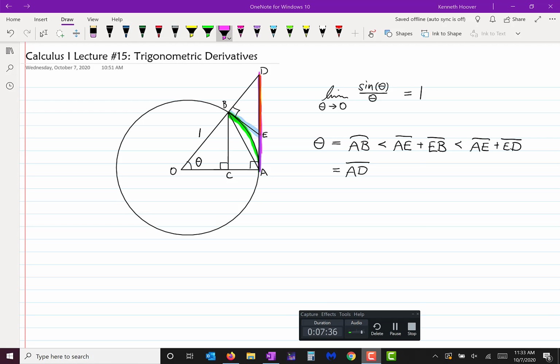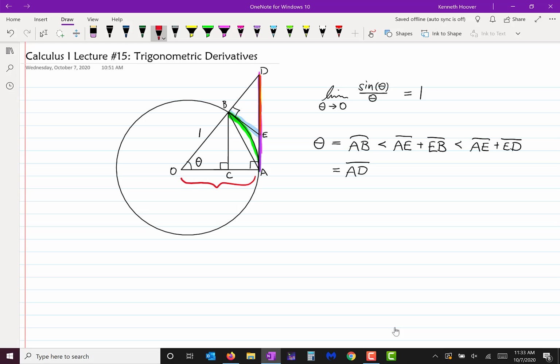All right. Next step. That line segment AD has a length that is equal to the tangent of theta. Do you know where I'm getting that from? It's because of this. Right here, from O to A, that's a radius of the circle, isn't it?